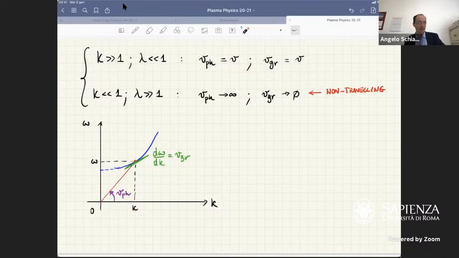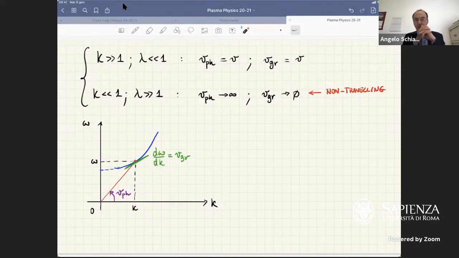So this is the first part of our introduction to wave properties. We've seen the 1D wave equation. We found the relation between the progressive and the regressive wave. We took the Fourier transform, and we introduced the concept of omega and k, so the angular frequency of the wave and the wave number k of the wave.